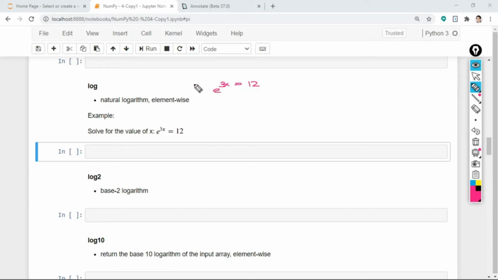So we take ln of both sides. ln denotes natural logarithm. So we will have 3x is equivalent to ln of 12. If we divide this by 3, your value of x will be the ln of 12 over 3.